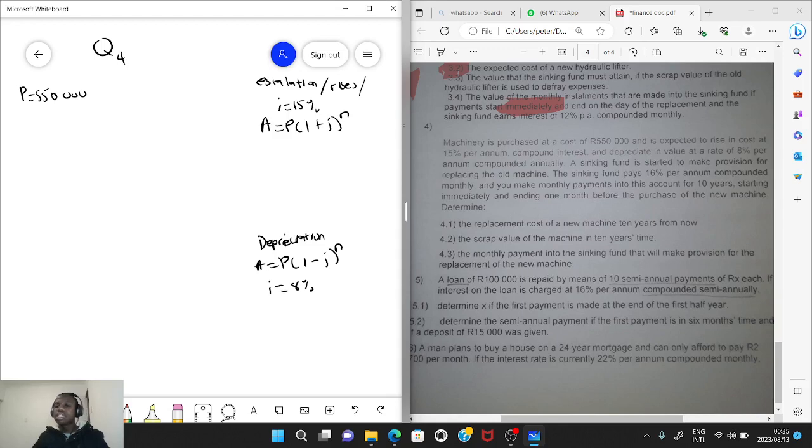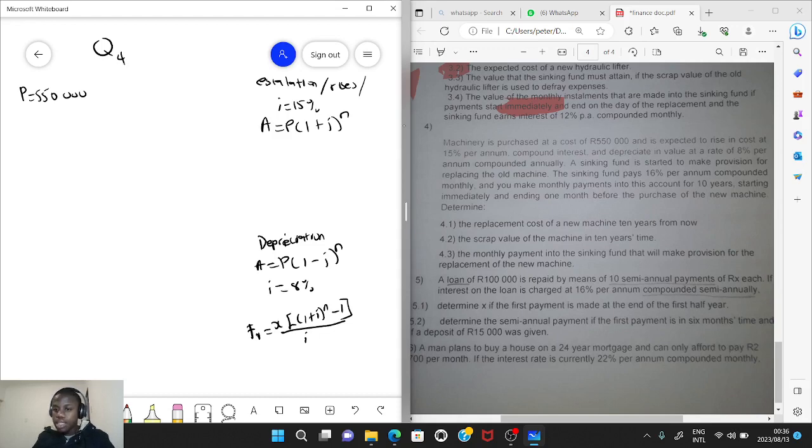And then a sinking fund is started to make provision for replacing the old machine. What's a sinking fund? We said a sinking fund is an amount used to replace old materials, and it is an example of a future value.